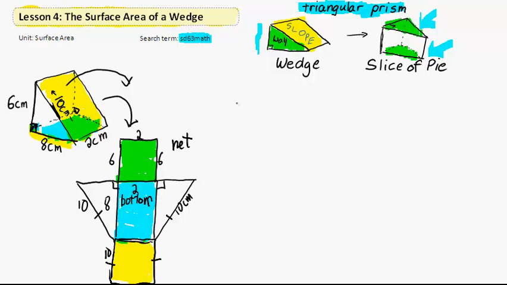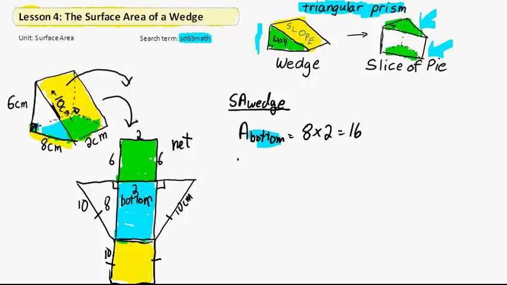We'll start with the bottom. The surface area of the wedge is equal to the area of the bottom, which is equal to 8 centimeters long by 2 centimeters wide, or 16.